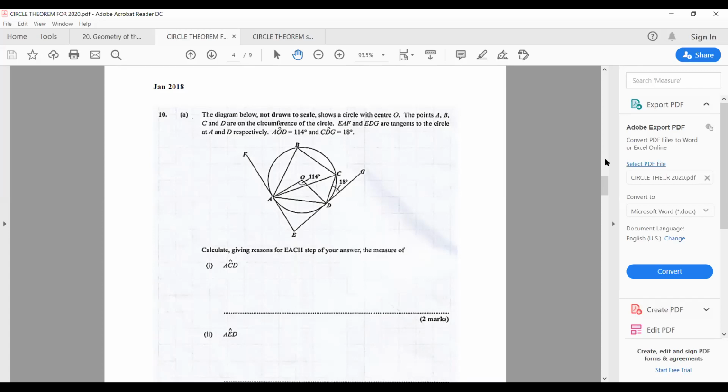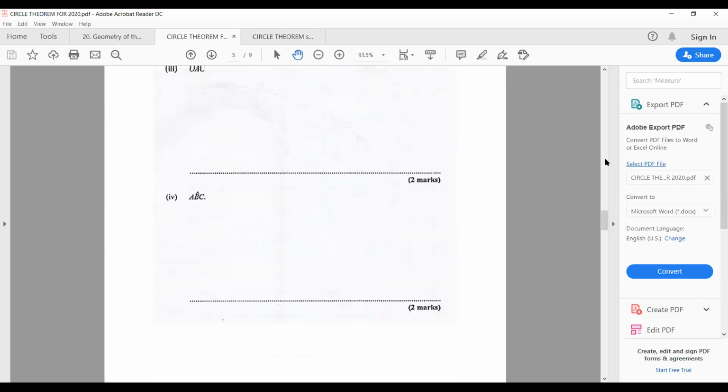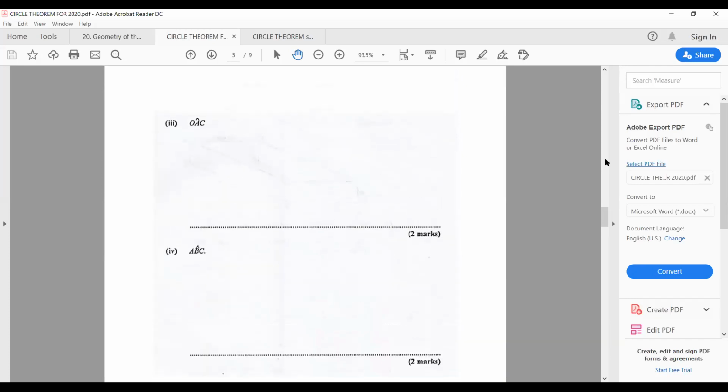Okay, you could scroll on a little bit more. You have it on your phone? Yeah, but I'm using my phone as my calculator. Okay, so that's the second part.